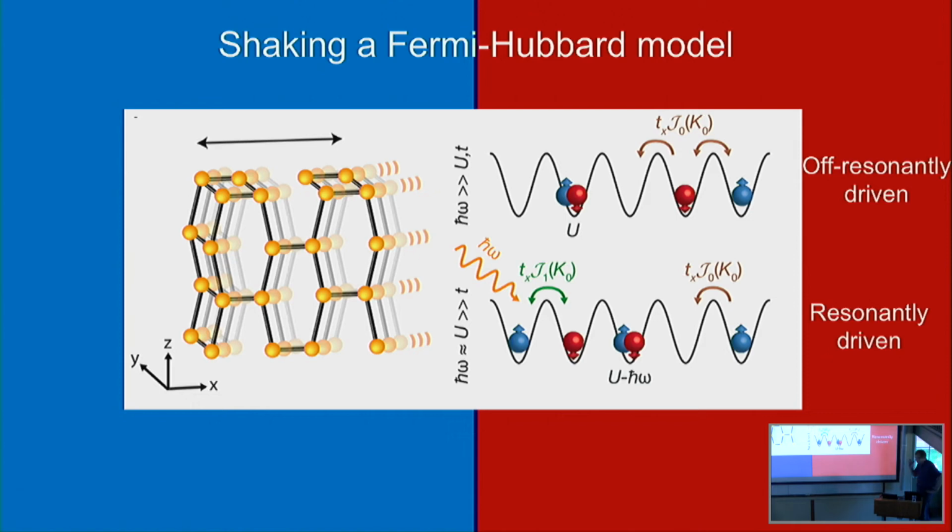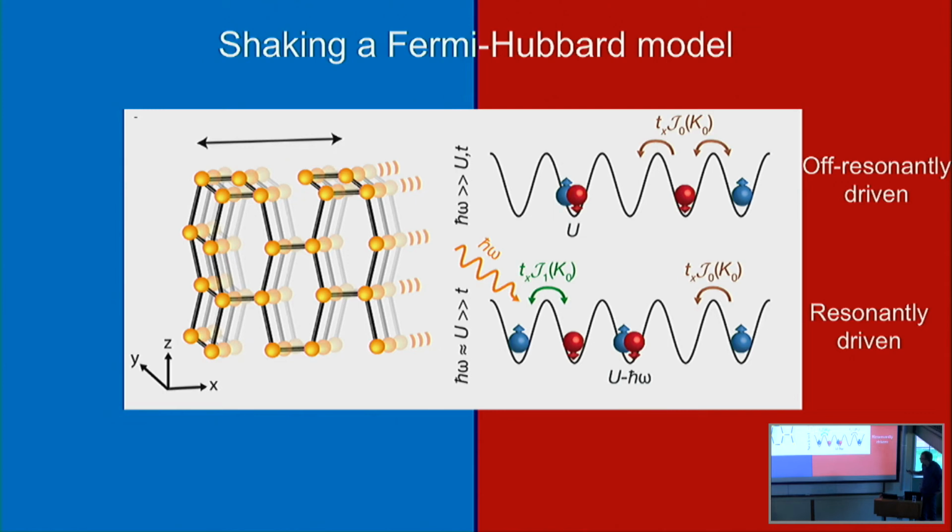And there again, there are two regimes. One regime is off-resonantly driven, meaning you're not driving with a frequency close to U. Then you just renormalize the hopping with this Bessel function.